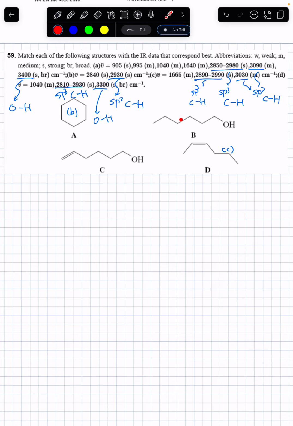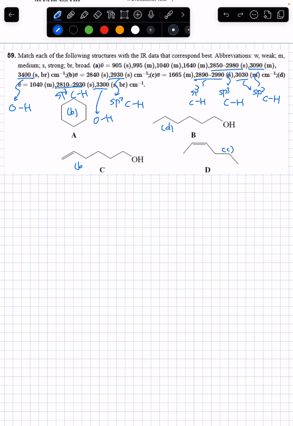Now these are the other two. The data set D has OH in it but no sp2 CH, and so for that reason this must be D, and then this must be B. Or was it C? Sorry, wait.